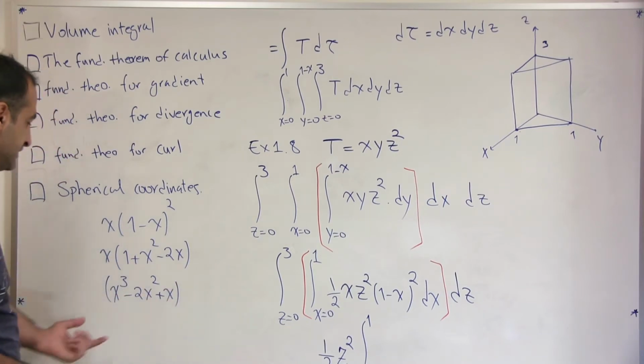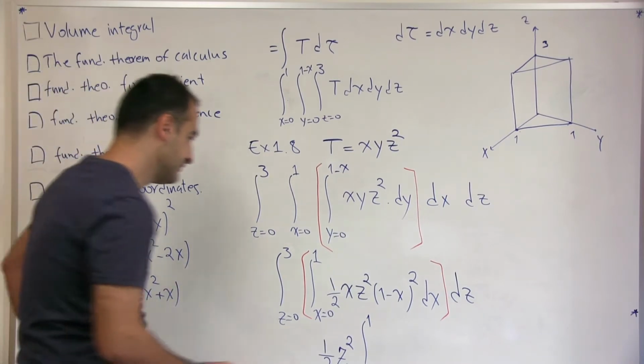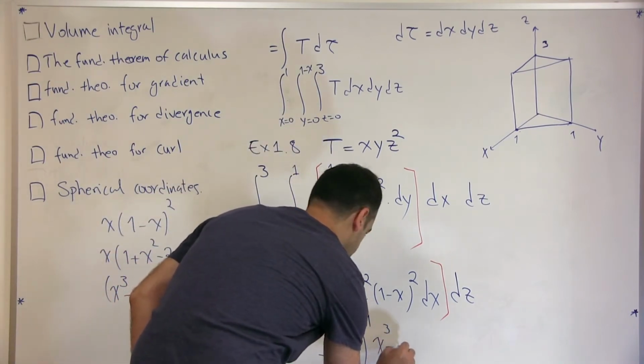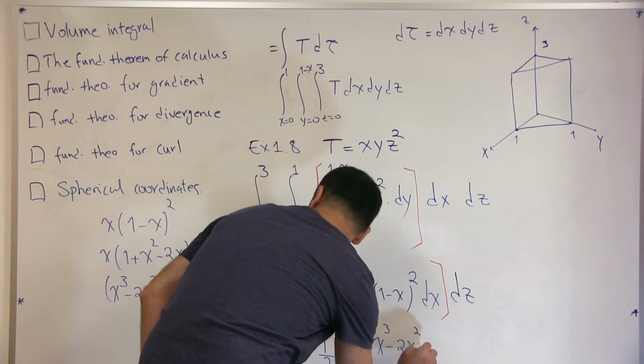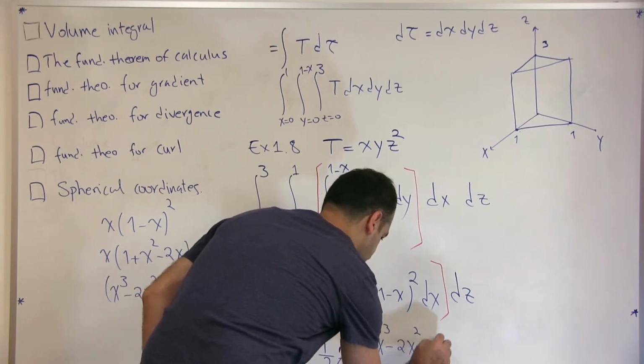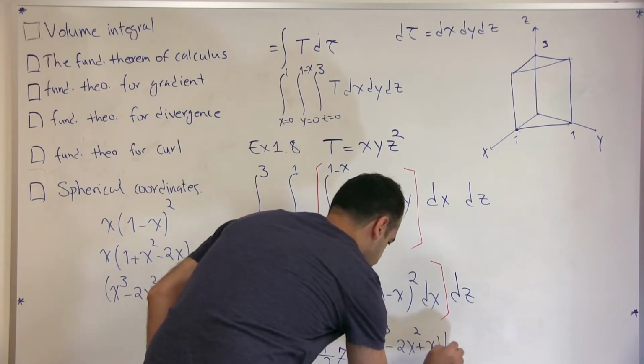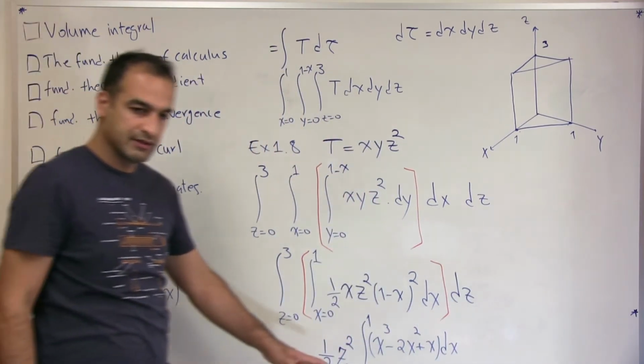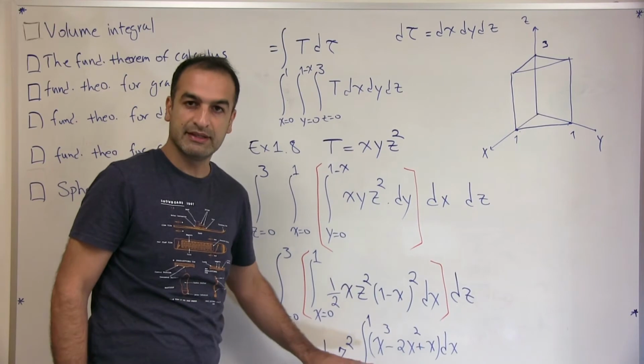Okay, so this is basically the integrand we have, x cubed minus 2x squared plus x times dx.